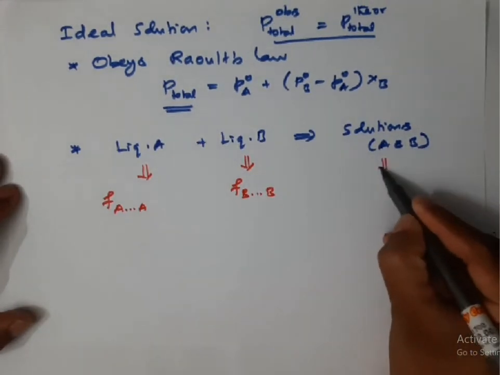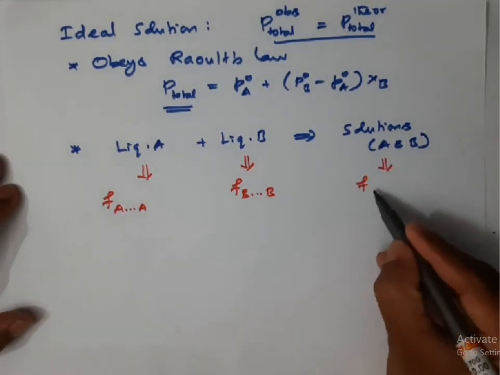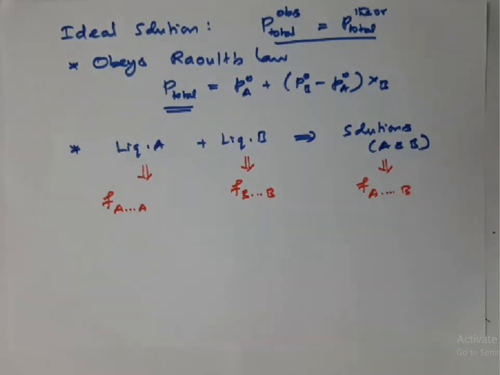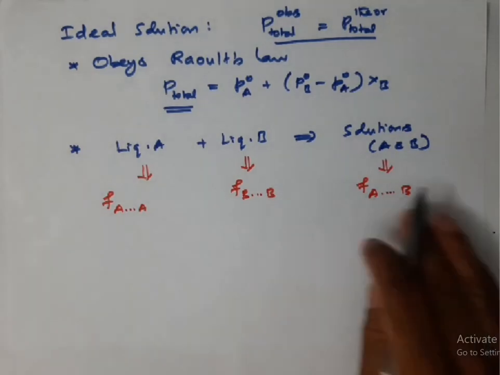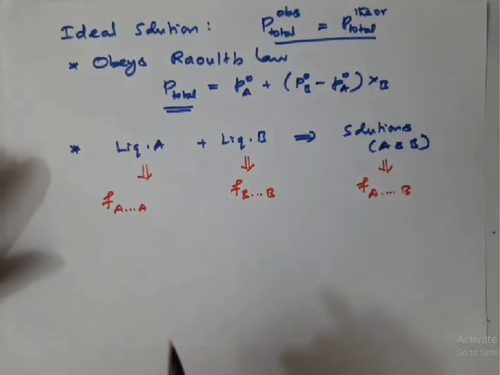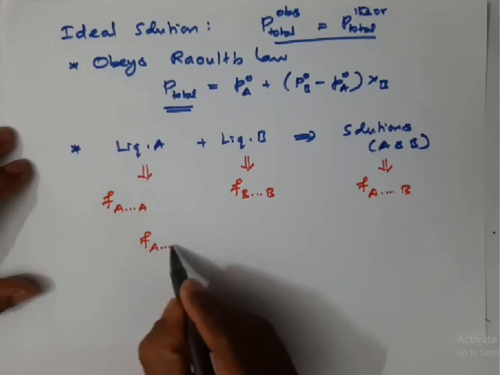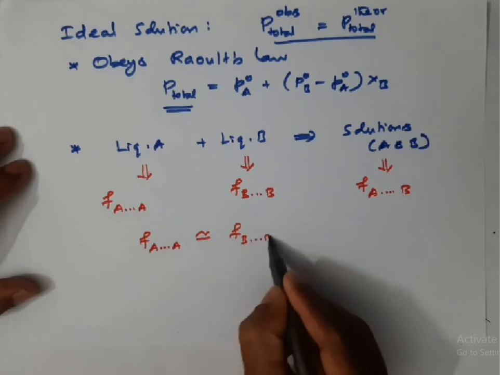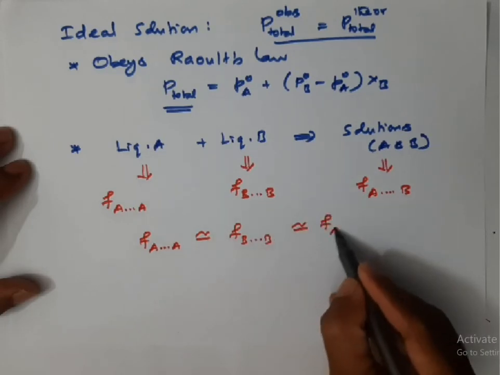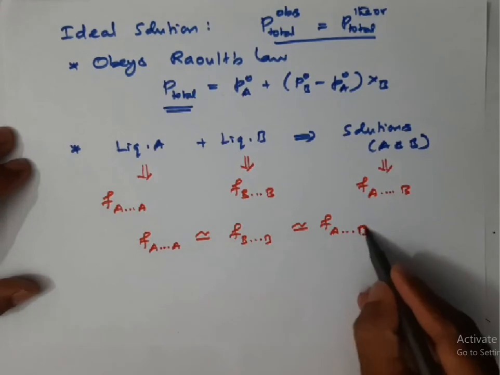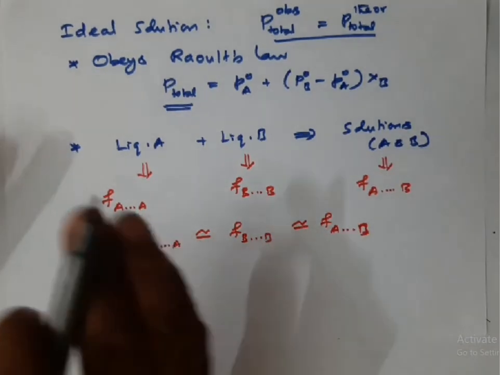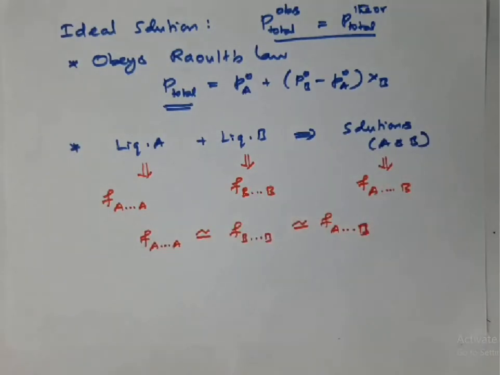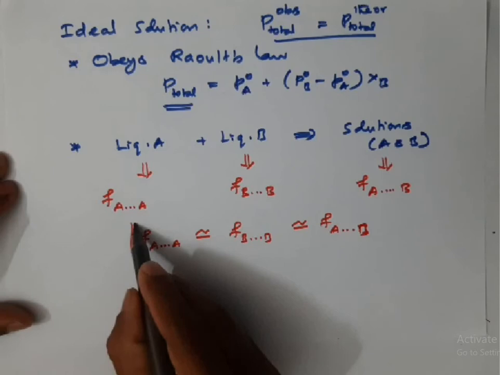In solution, we have a force of attraction between A and B. Suppose all these forces of attraction are approximately equal: the force of attraction between AA, BB and AB are all roughly equal. If they are roughly equal, we call the solution an ideal solution.